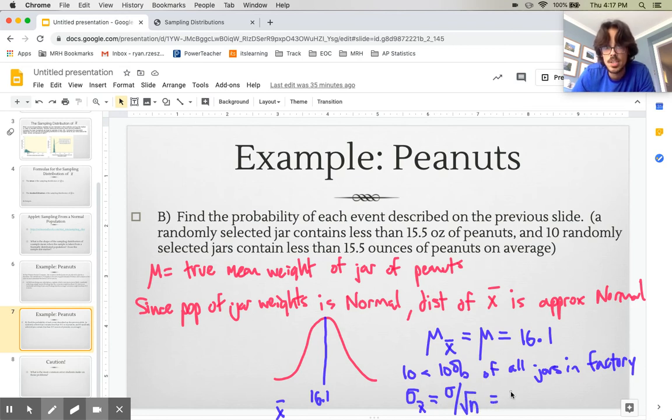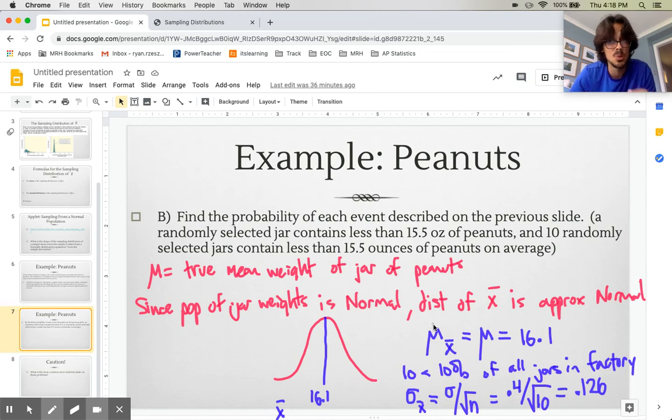So I need to take that 0.4 and divide it by the square root of 10, which if I type that in my calculator, 0.4 divided by square root of 10, it's like 0.126.